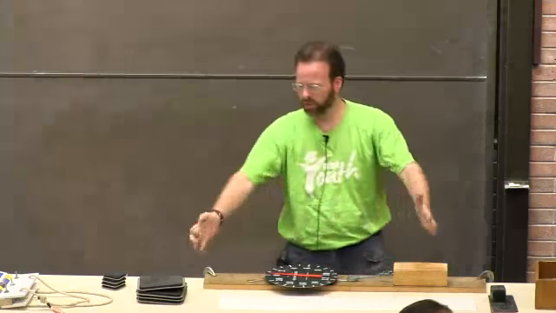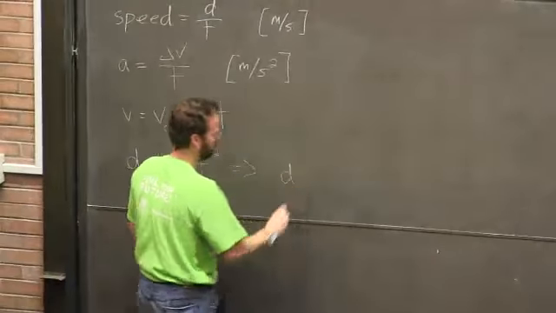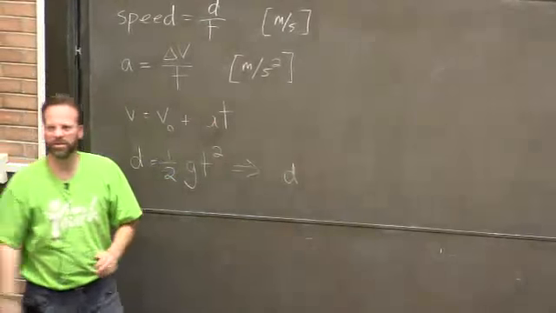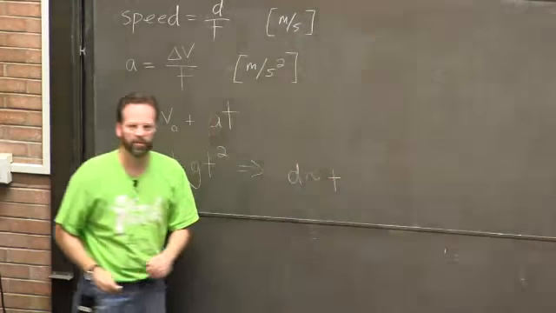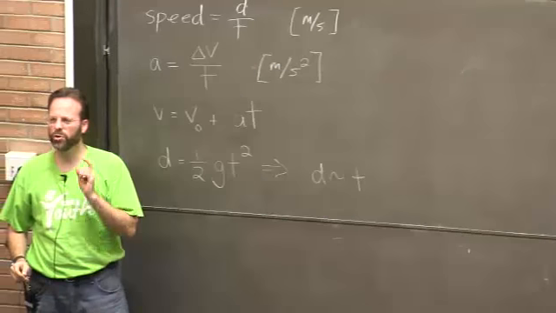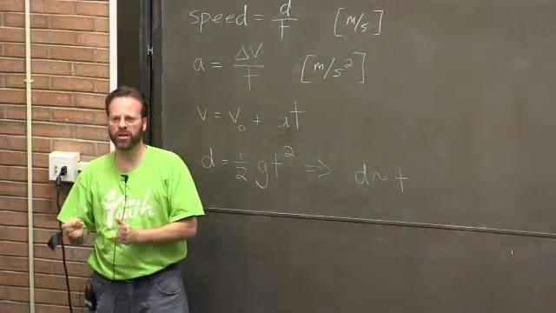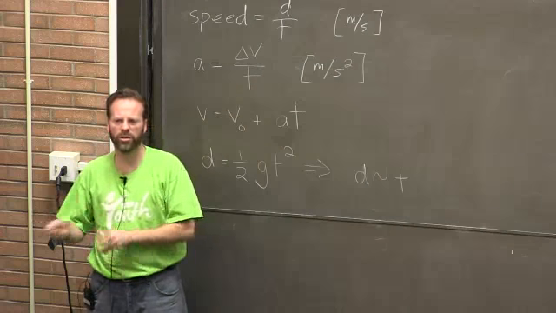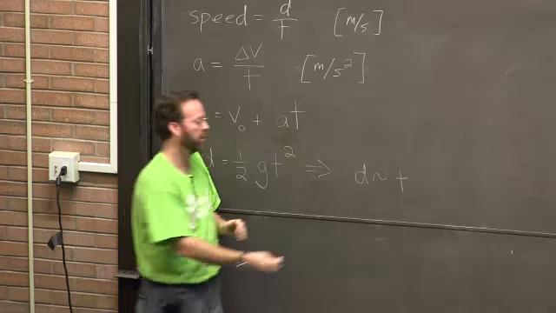But what he noticed was that the distance that something went each succeeding second was proportional to time, but not directly. I mean, it wasn't the same. You add another second, you go the same amount of distance. You add another second, you go the same amount of distance. No, each second it got bigger and bigger.